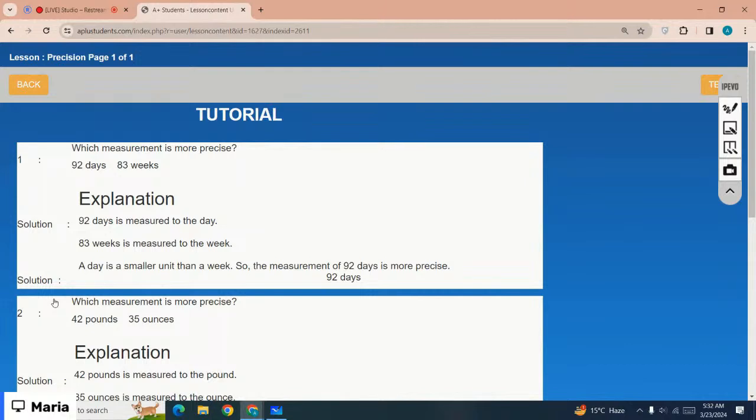So 92 days is more precise, right? Because a day is a smaller unit than a week.